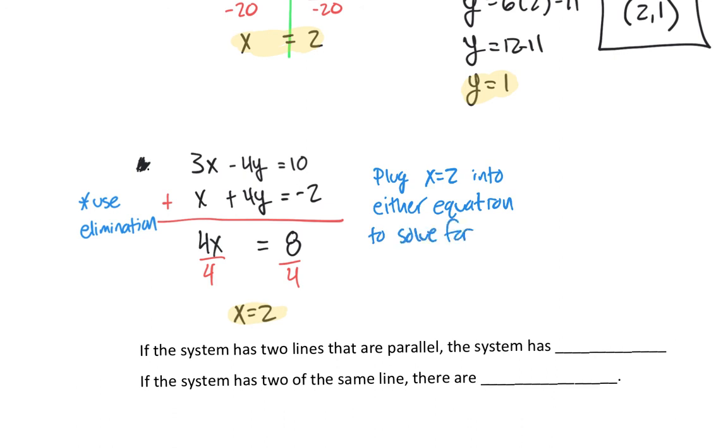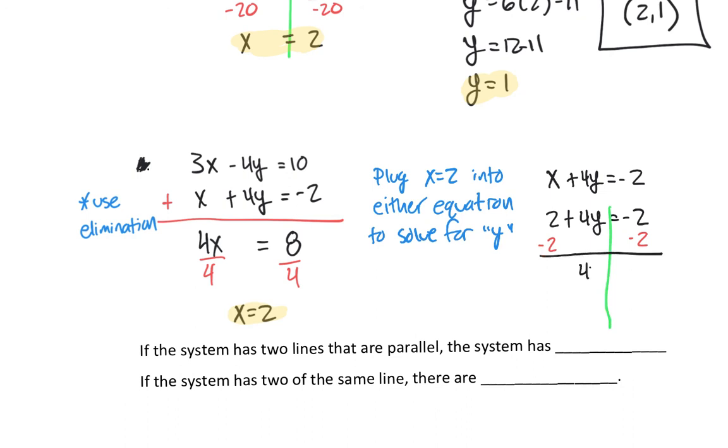And so that work then is going to look like the following. I'm going to plug it into the bottom equation because there's not as much stuff going on there. So you can see here I have 2 plus 4y equals -2. And in this instance I'm going to subtract 2 from both sides, and so I am again balancing this equation. I'm trying to solve for y, and in doing so, I'm left with 4y equals -2 minus 2 is -4.